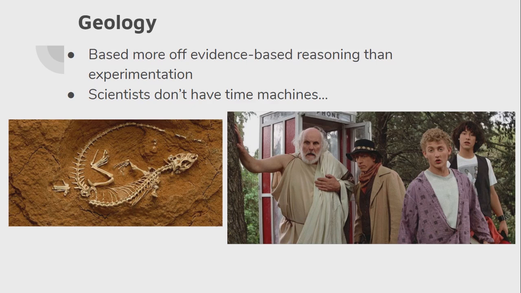We have to use context clues, like digging for fossils and whatnot. So it's a matter of gathering as much data and evidence as we can to get to our picture, rather than doing an experiment like we learned about in the first lecture, where a lot of science is based off of doing experiments, not so much geology. And if you don't know the bottom right reference, go watch Bill and Ted's Excellent Adventure.